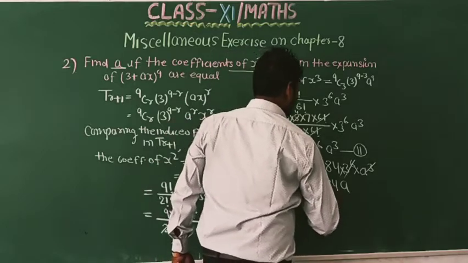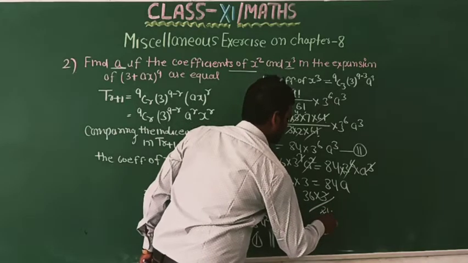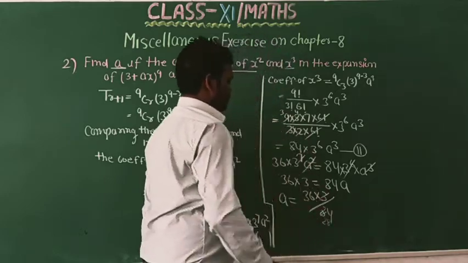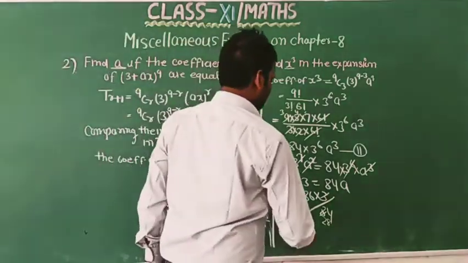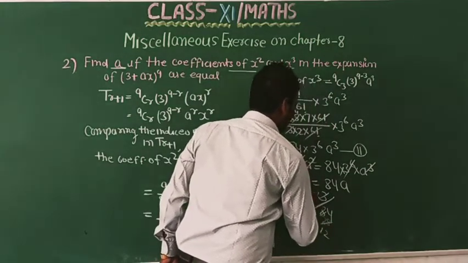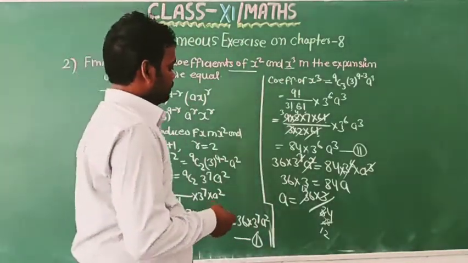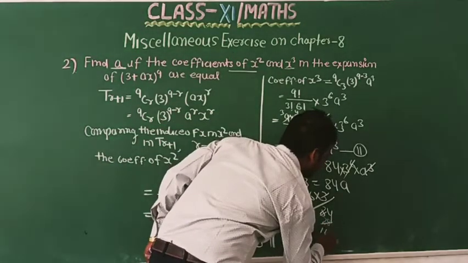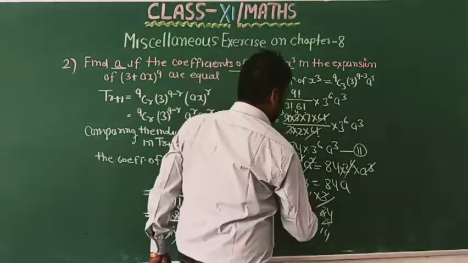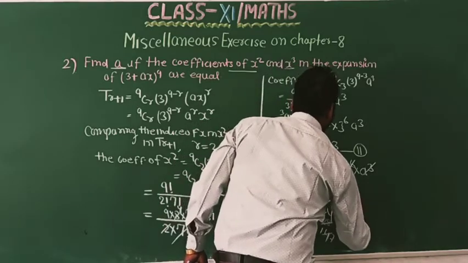Simplifying, 36 by 28, then 18 by 14, then 9 by 7.